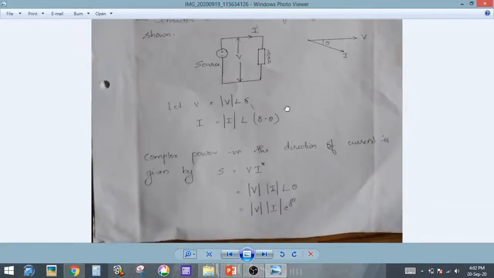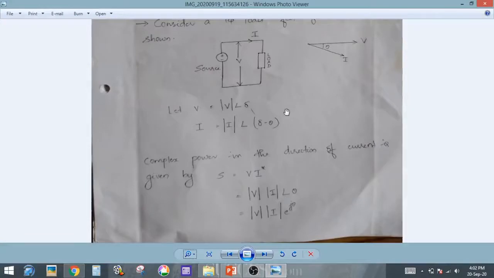The complex power in the direction of current is given by S equal to VI conjugate. I equal to modulus of I angle minus theta since delta equal to 0, and I conjugate equal to modulus of I angle theta. So by taking the product VI conjugate, we will get modulus of V modulus of I angle theta, that is VI e raised to j theta.